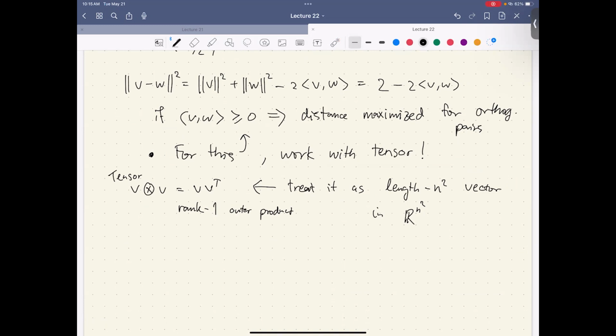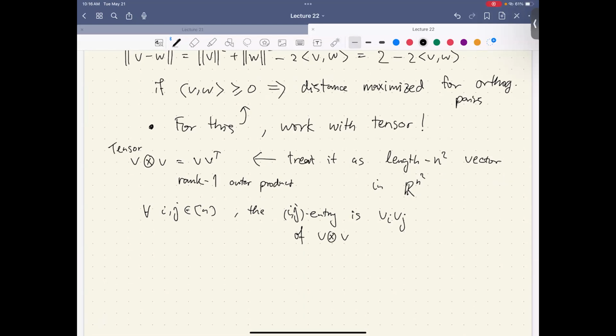So then in this way, for every i, j in [n], the (i, j) entry is v_i v_j.